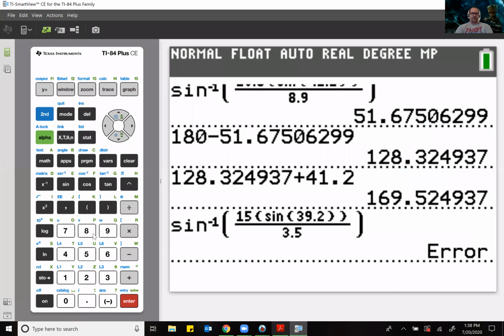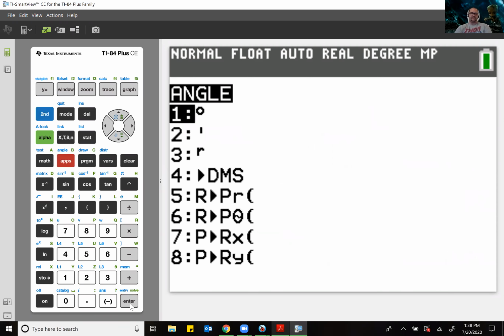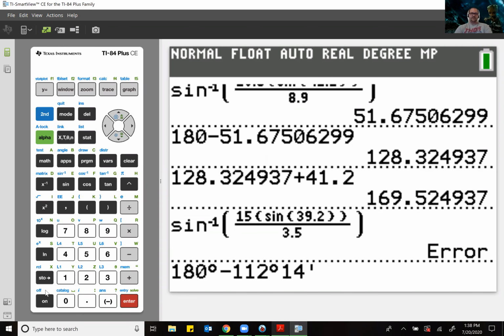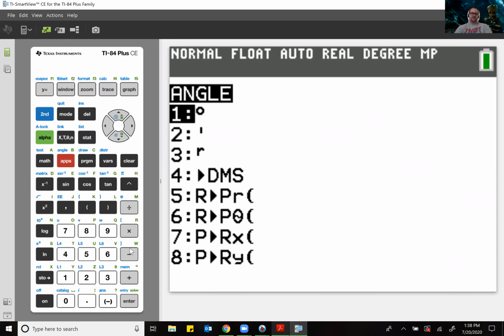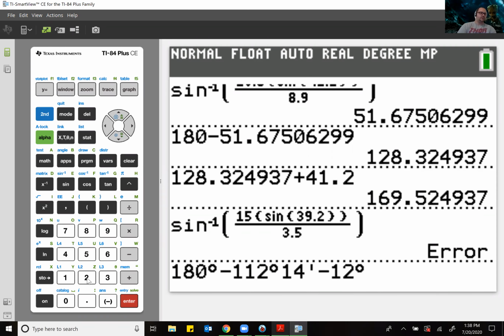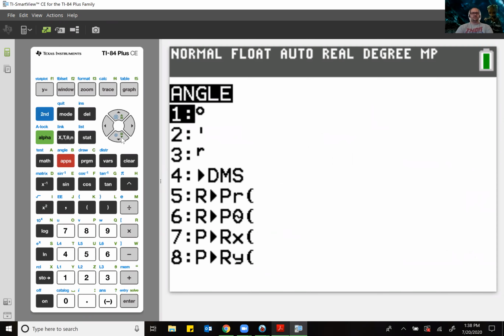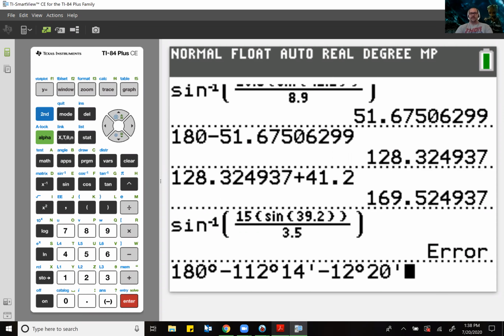So we just go to our calculator, 180, hit second apps, angle, so 180 degrees, minus 112 second apps, degrees, 14 second apps, scroll down to number 2 for minutes, minus 12 second apps, degrees, and 20 second apps, minutes.